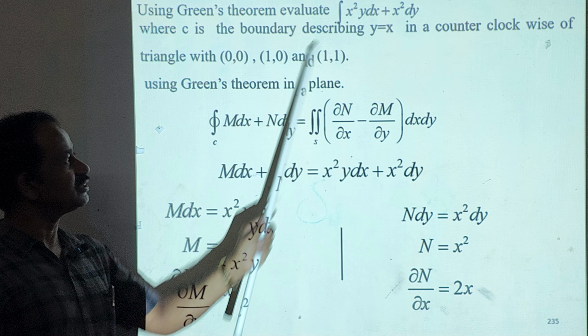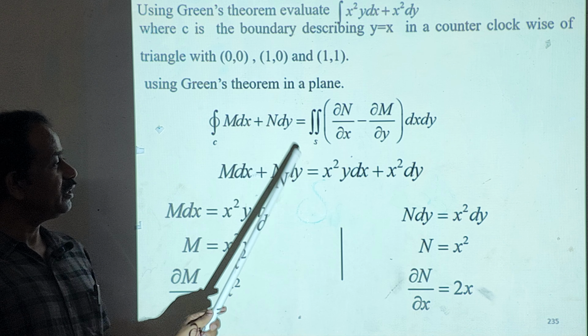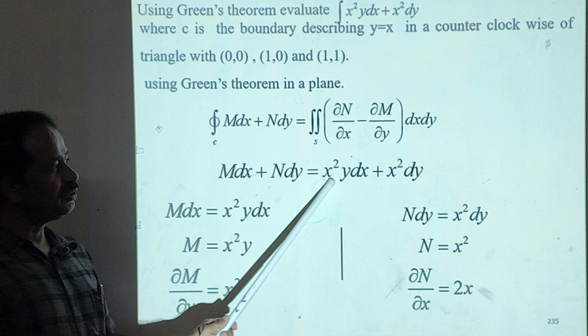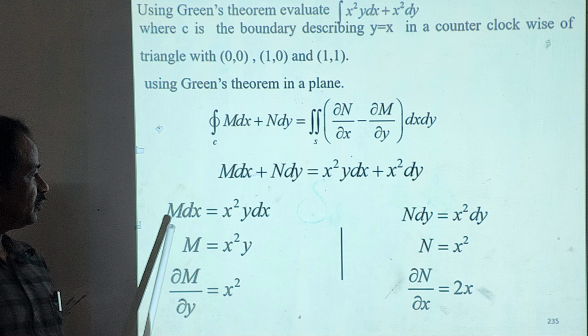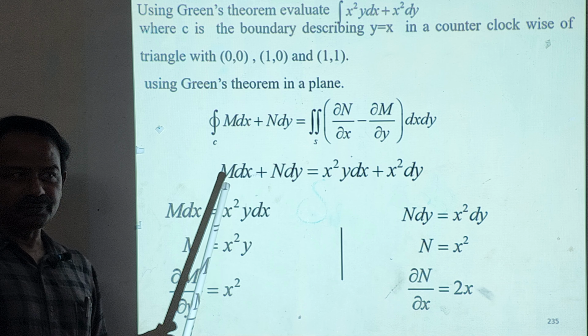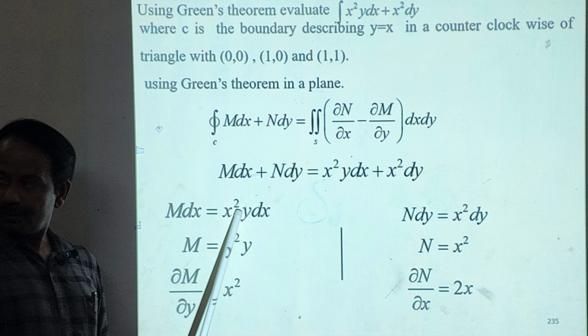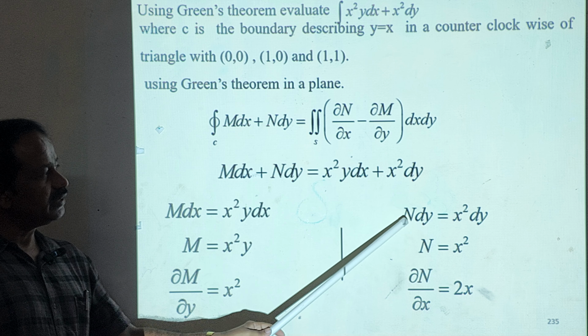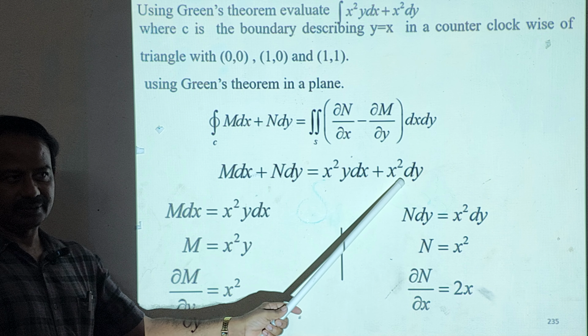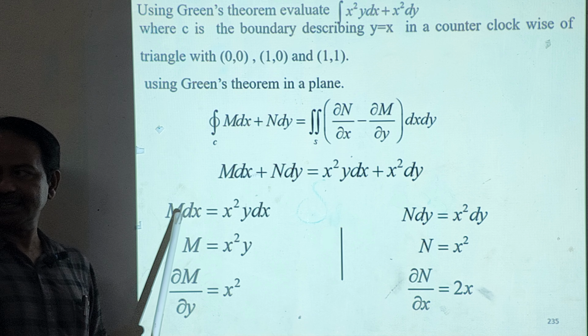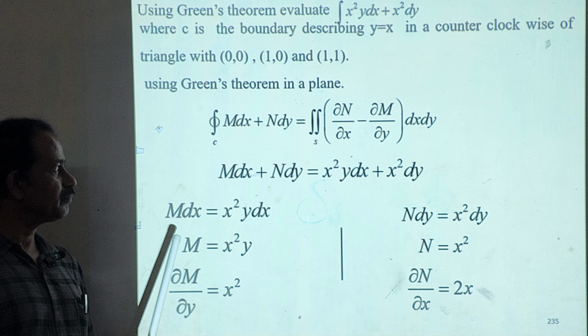Compare the coefficients: m dx equals x squared y dx, and n dy is nothing but x squared dy.